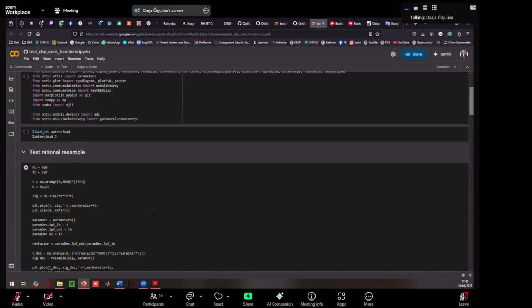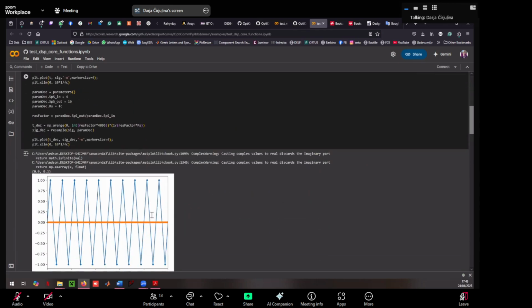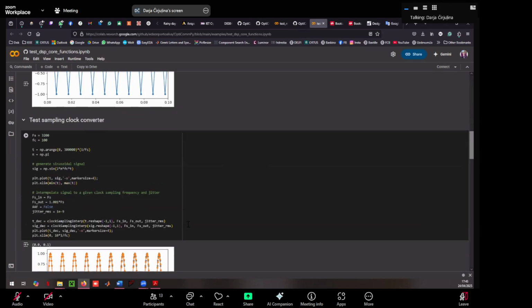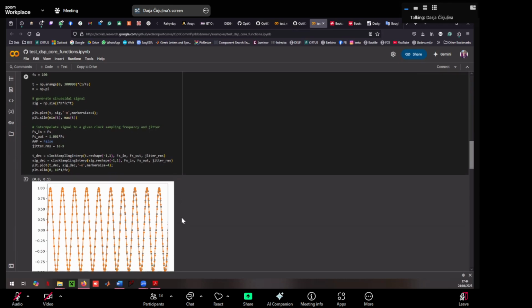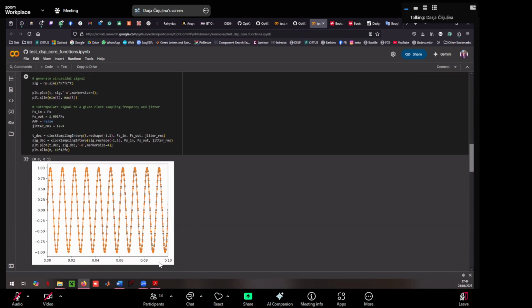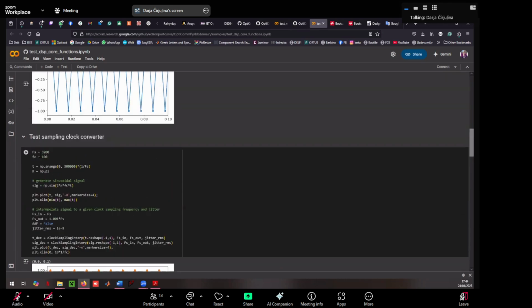Here you can see different examples of how DSP, digital signal processing, is implemented for different test cases. For the first one, at the beginning, these are just two signals.